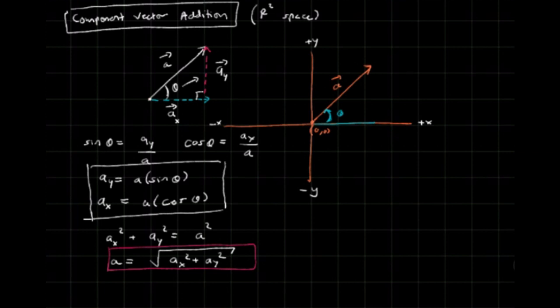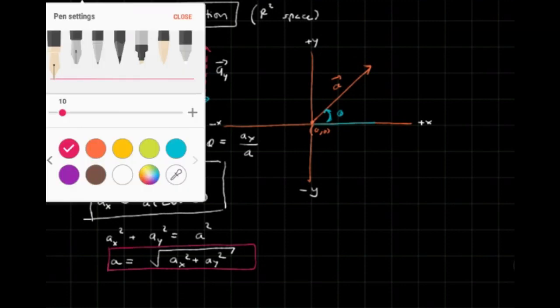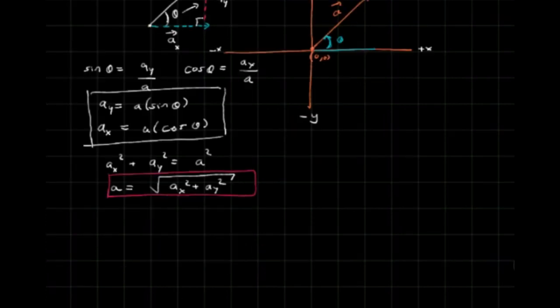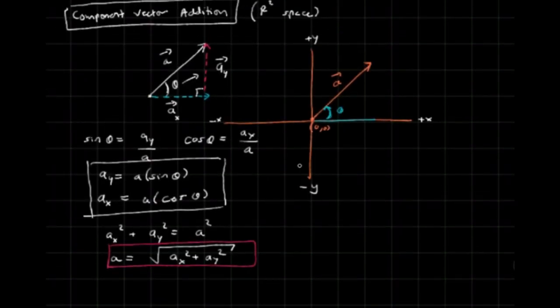Another reason why this stuff is so useful is because we can actually find the angle of the vector from a certain baseline, because we know that if this is a right angle, then we can utilize the primary trig ratios, right? So as long as you have a right angle triangle, you can use the primary trig ratios, and you can understand here that tan of theta is equal to AY over AX.